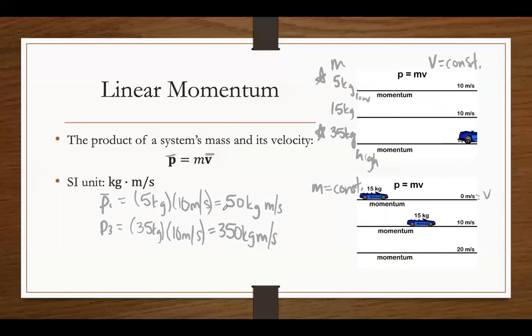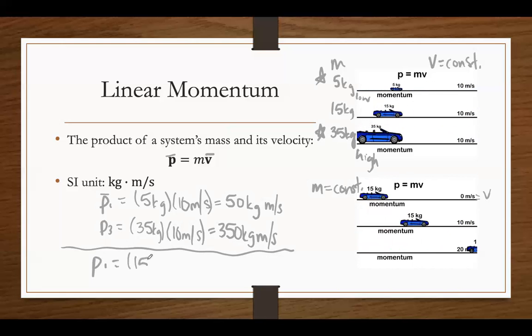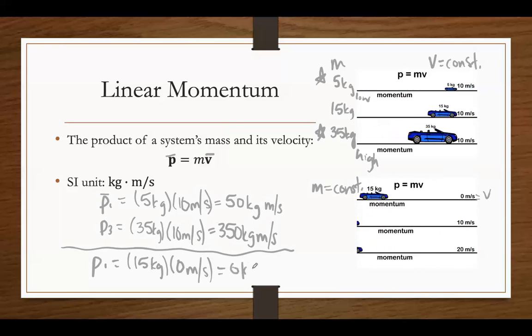So if I go ahead and calculate the momentums here, for the first one, I have the mass, which is 15 kilograms, times my velocity. And as you notice, this car is not moving. Its velocity is 0. So that means that my momentum here is going to be 0.